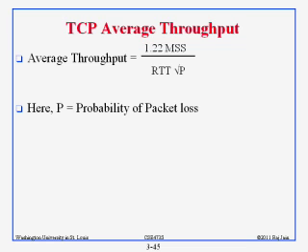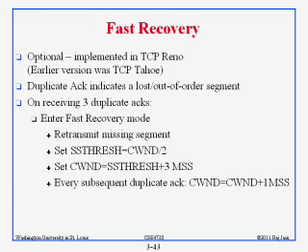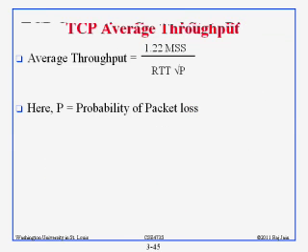So then some people measured the relationship between probability of loss and the throughput. And in fact, it's not just a measurement. They also analytically proved that if you do whatever you are doing here in slow start, then your throughput will be equal to 1.22 times MSS divided by RTT times the square root of P, where P is the probability of loss.